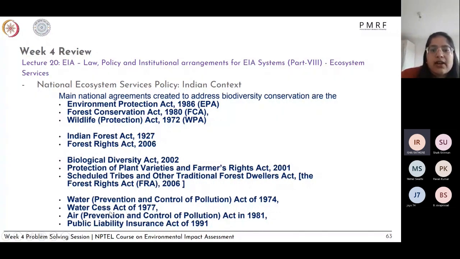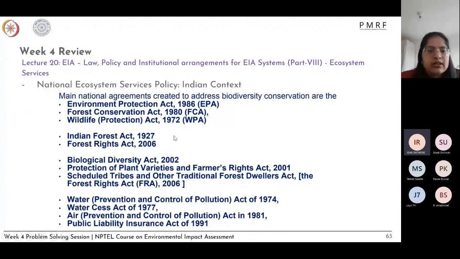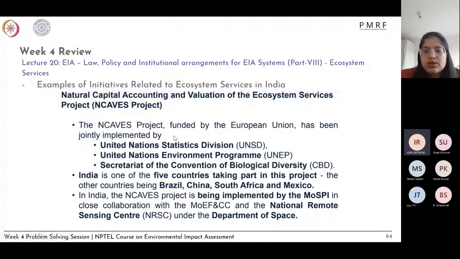And then we also have initiatives like the Natural Capital Accounting and Valuation of Ecosystem Services, or the NCAVES project. So this was funded by the European Union and jointly implemented by the United Nations Statistics Division, United Nations Environment Programme, and the Convention on Biological Diversity, CBD.